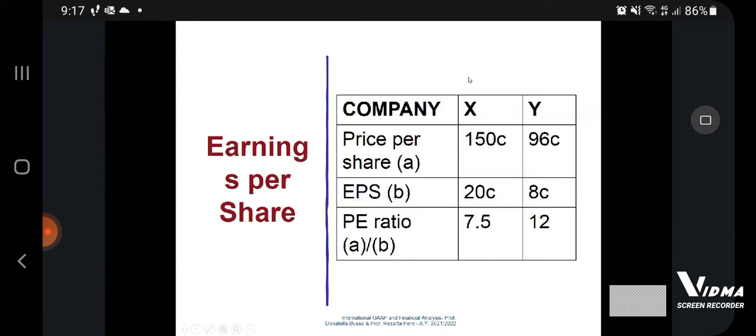The price per share over here is actually very different between them, but it doesn't say anything about the potential performance of the companies and also about their past performance. That means that the price is affected by so many factors that I cannot really consider the price only.